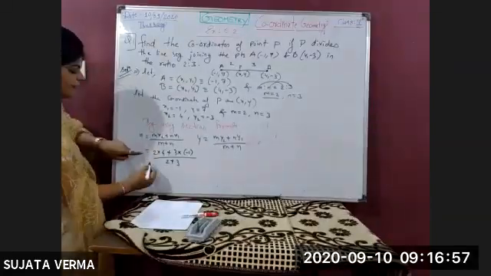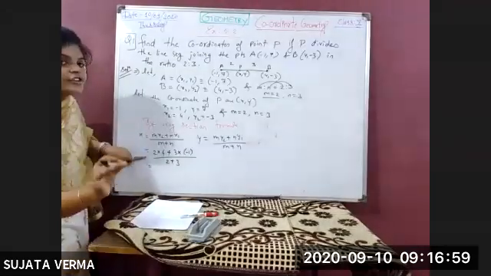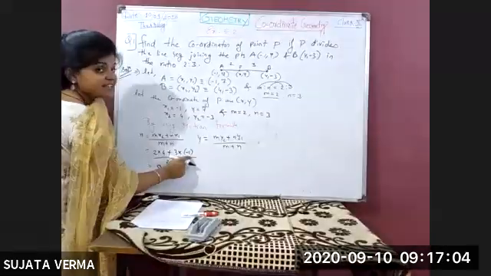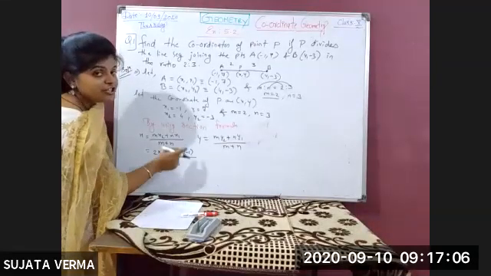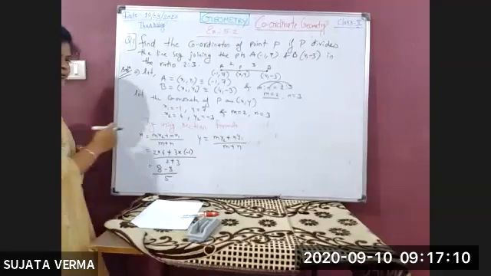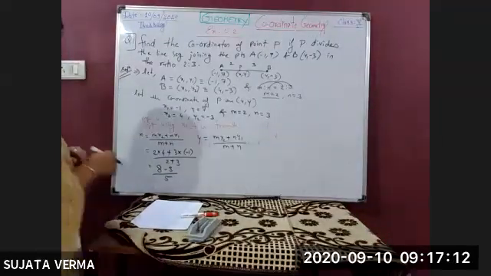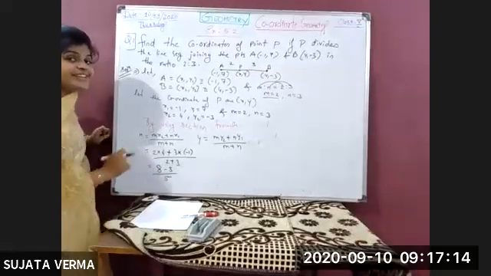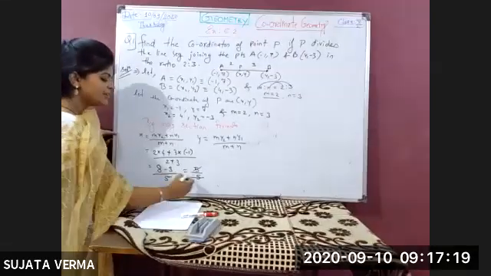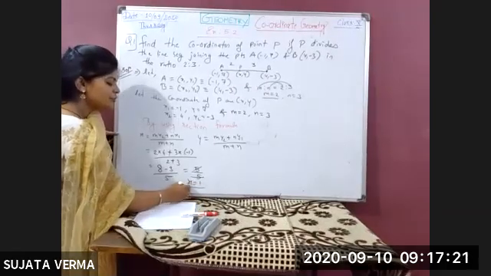Now solve it. 2 fours are 8. 3 into minus 1 is equal to minus 3, divided by 5. 8 minus 3 is equal to 5, and 5 divided by 5, we get x is equal to 1.